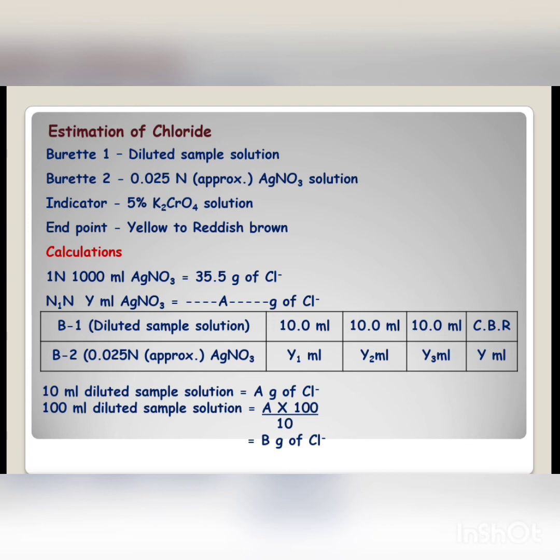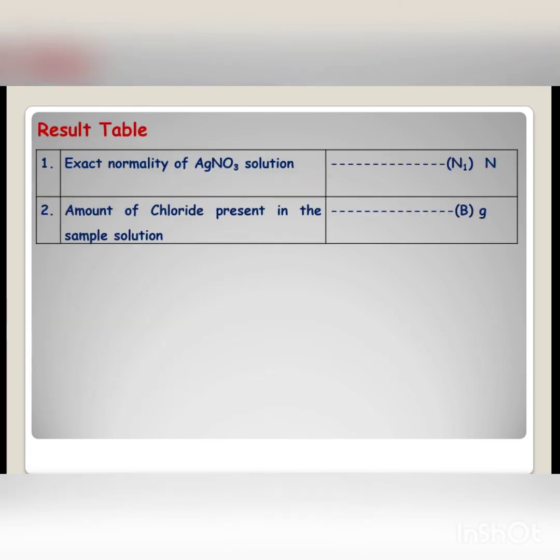Whenever chloride reacts with silver nitrate, it reacts with silver Ag plus, and for 1 mole of Ag plus, 1 mole of chloride is required to form a precipitate. So we are going to use 1 mole of chloride, that is the atomic weight of chloride, and the atomic weight is 35.5 gram.